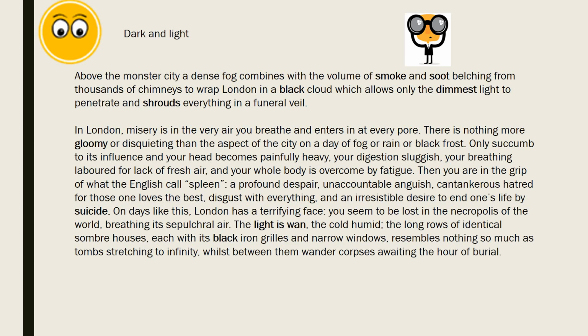When you read through, you might have looked at the contrasting descriptions that the writer used of dark and light: smoke, soot, dimmest, light, black, shrouds, gloomy, light, black. If you spot that, what is the effect of it? Why has the writer decided to use these references to dark and light when describing London for the first time?